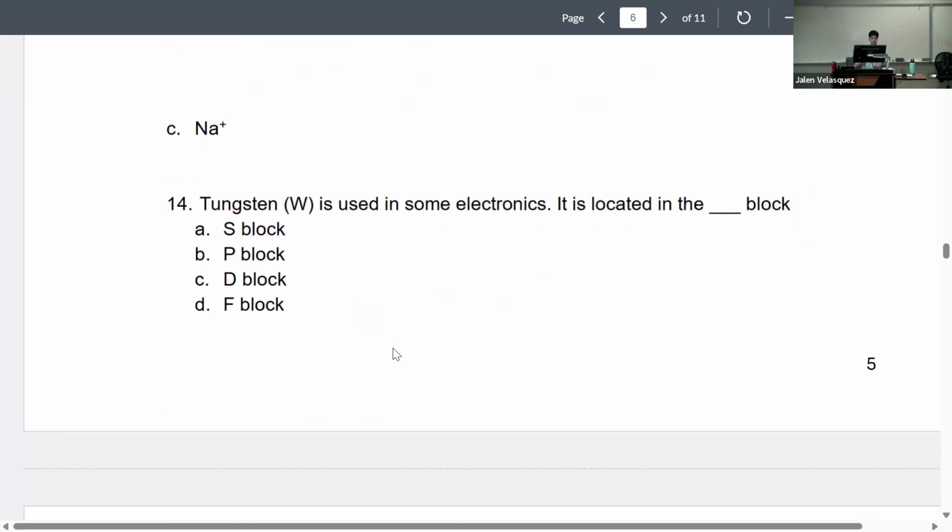Okay. Tungsten, which is element W, is used in some electronics, and it's actually used in a lot of lights, like modern lights now. What block of the periodic table is it located in? It's the D block. It's a transition metal, so it's part of the D block. Remember the periodic table?